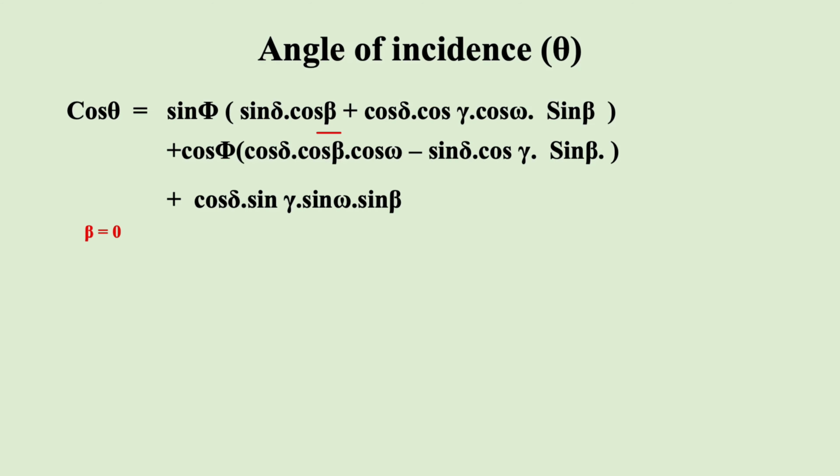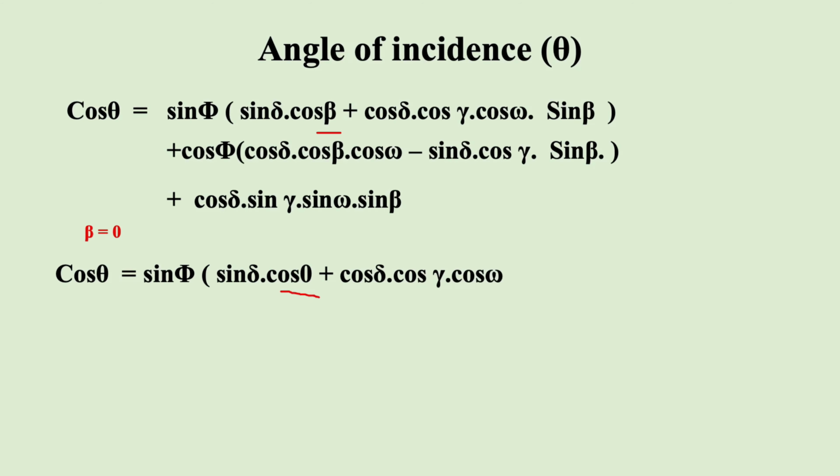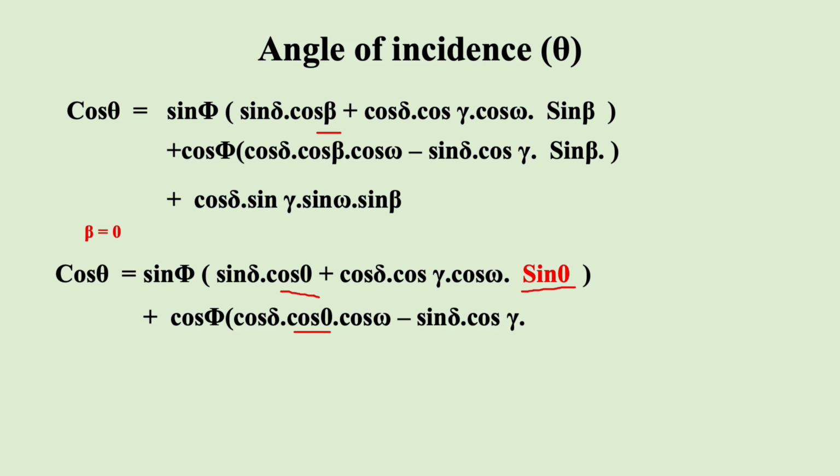So wherever we have cos beta, it will be replaced by cos 0, and sin beta will be replaced by sin 0.